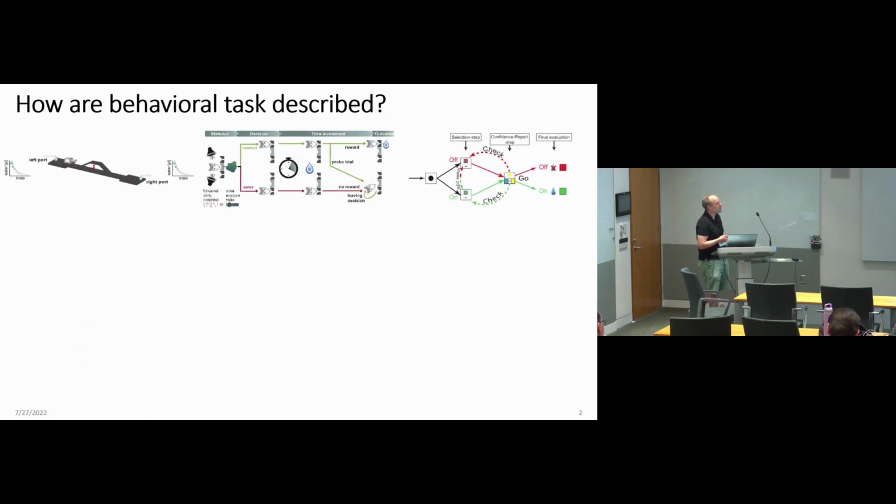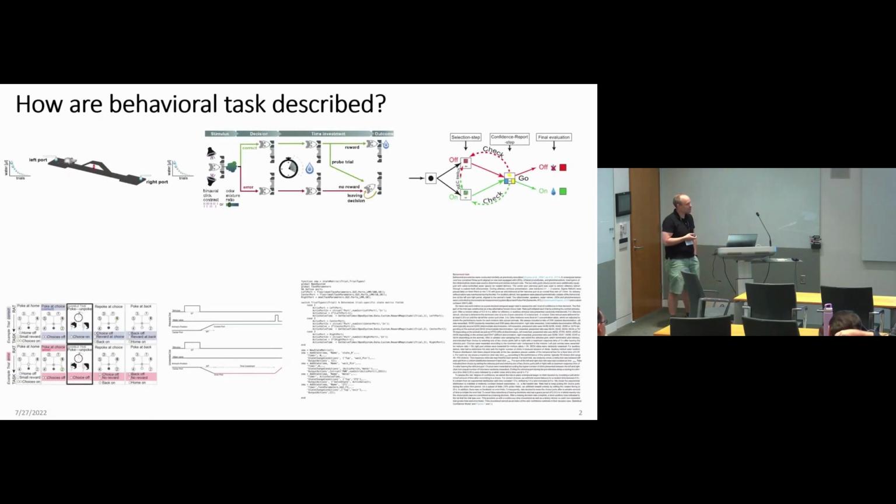We have different ways of describing behavioral tasks that can vary from cartoon-like graphics, abstract flow charts, descriptions of individual trials, line charts, source code, and of course plain text.